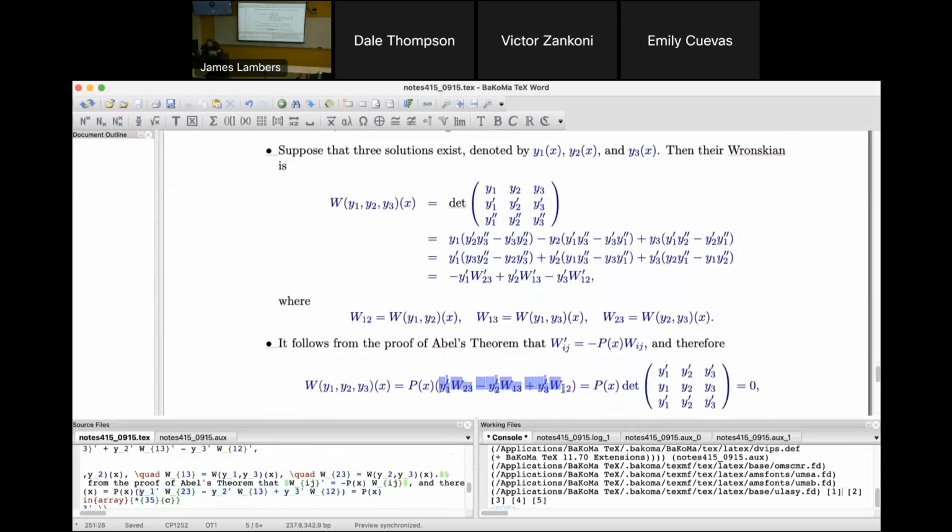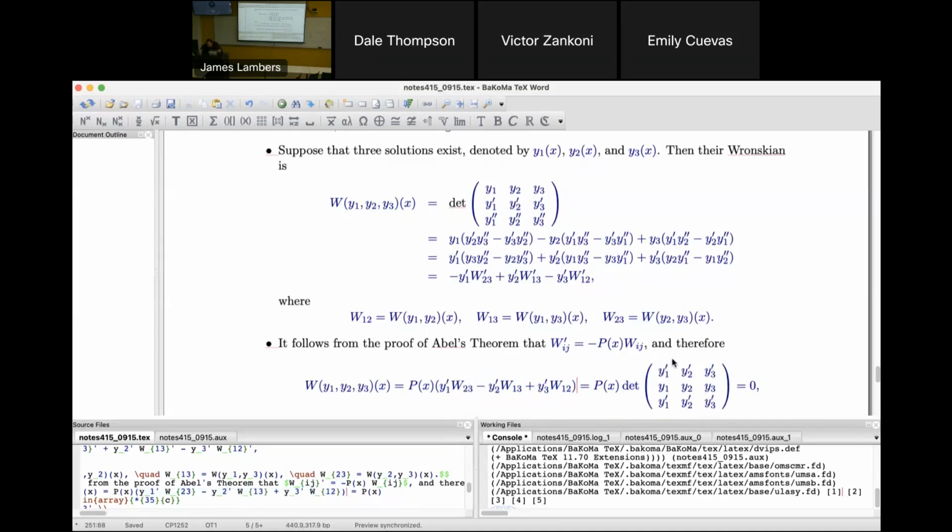But if I think of this as the cofactor expansion of the determinant of a 3x3 matrix, then I can discover that this expression in parentheses is the determinant of this matrix here, because you have y1 prime, y2 prime, y3 prime. I put them in the first row. And if I were to take the determinant of this matrix, I have y1 prime, and then this part here, y2, y3, y2 prime, y3 prime, that is a Wronskian of y2 and y3.